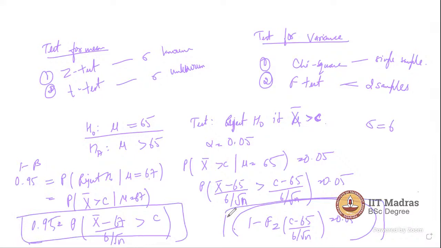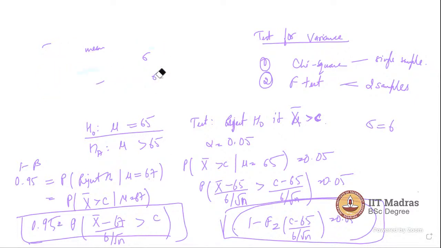Can you solve these two equations and find C and n? Ma'am, they have given Fz inverse of only 0.05. If you solve the second equation, you will get 1 minus Fz of C minus 67 upon 6 upon root n equals 0.95. So this quantity, C minus 67 by 6 by root n, will be Fz inverse of 0.05.